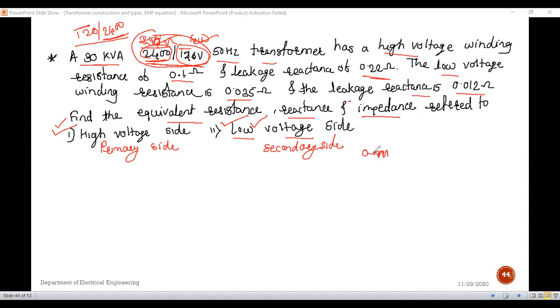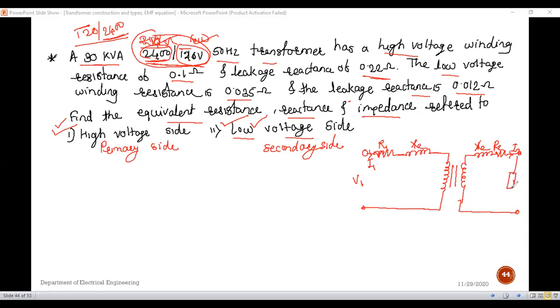We have already drawn this in referring values. Suppose this is one transformer. Okay, so here it is primary voltage, primary current, primary resistance, primary reactance, secondary reactance, secondary resistance, secondary current.